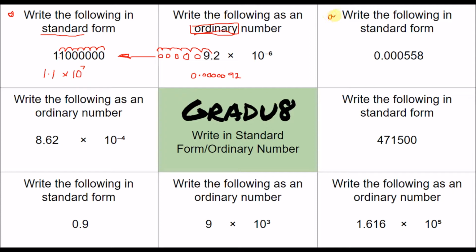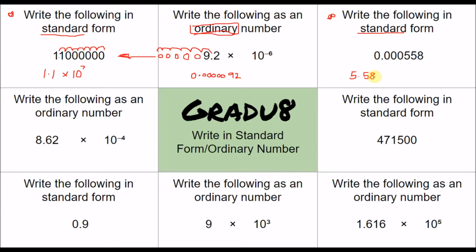If we look at this one over here, write the following in standard form. You've got 0.000558. This time we're writing it in standard form like we were doing earlier on. To start with, your first bit, and this will pick you up a mark really easily, is just to write it out like this. So you've got 5.58. Why have I done that? Because you need to start with a number between 1 and 9, and then any of those decimals you've got afterwards as well.